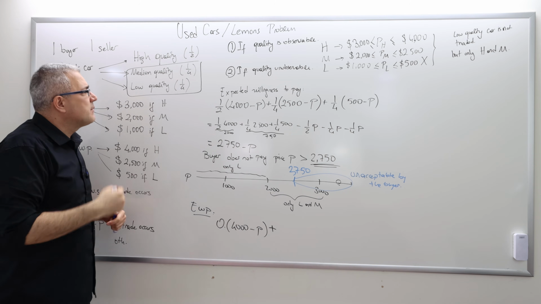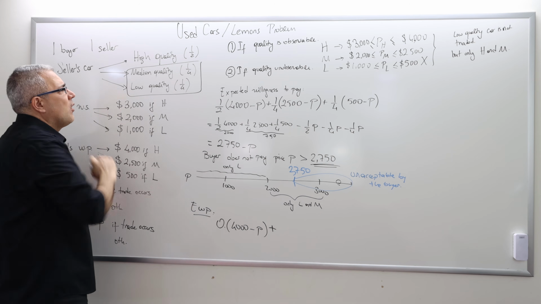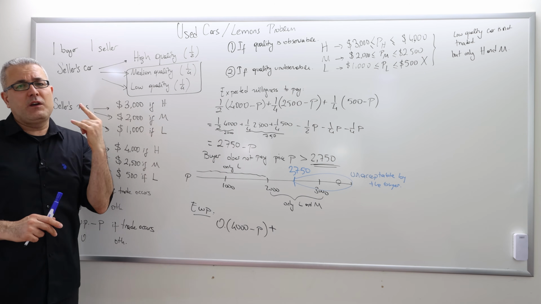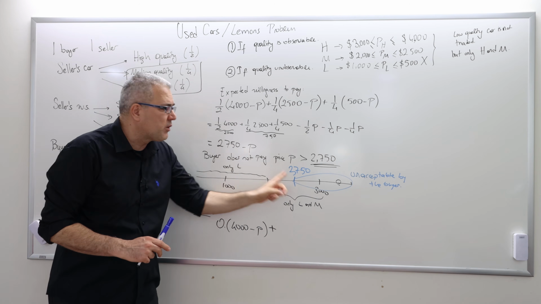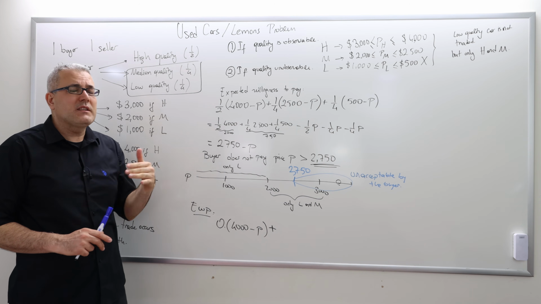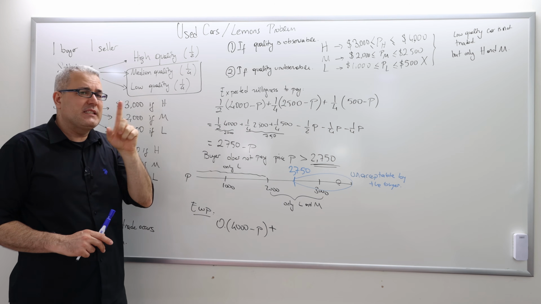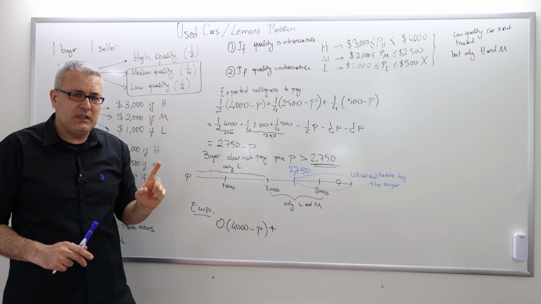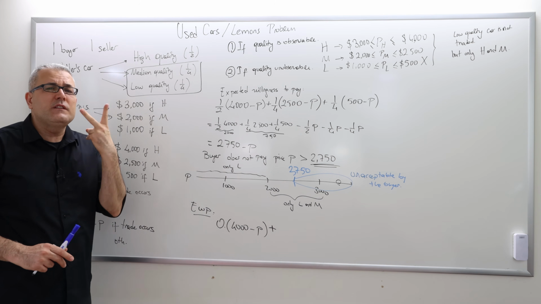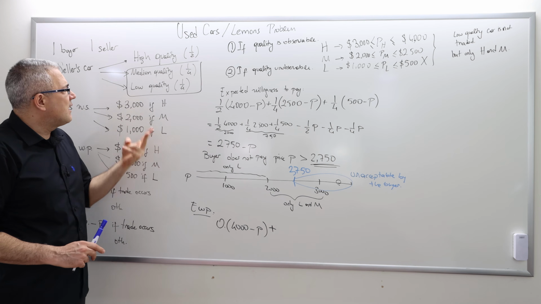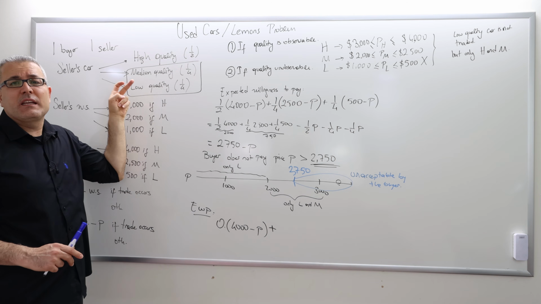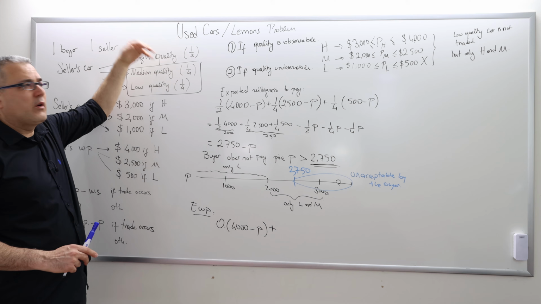So what is the probability that the car is a medium quality? Is it 1/4? No. There are two types of car once the price is lower than $2,750. Let me repeat. Once the market price, P, is less than $2,750, and let's suppose higher than 2,000, there are only two possible cars. And these are medium and low quality. And each are equally likely. Remember, 1/4 and 1/4.